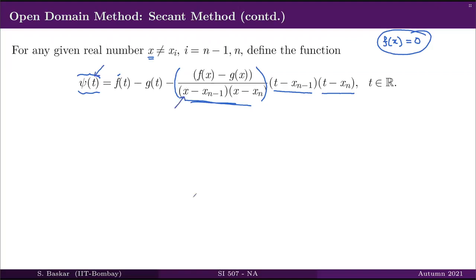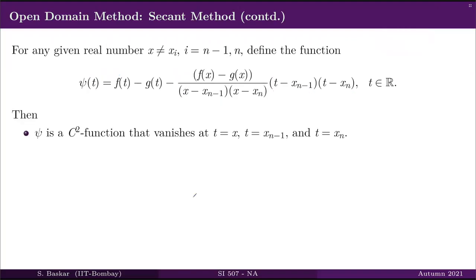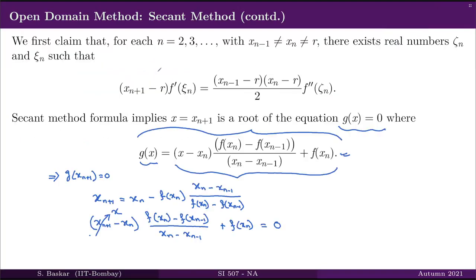Once you have this function psi, we can make some important observations of this function. The first one is psi is a C2 function. Why? Because f is a C2 function, that is what we have assumed. g is also a C2 function because basically g is a polynomial of degree 1, right?